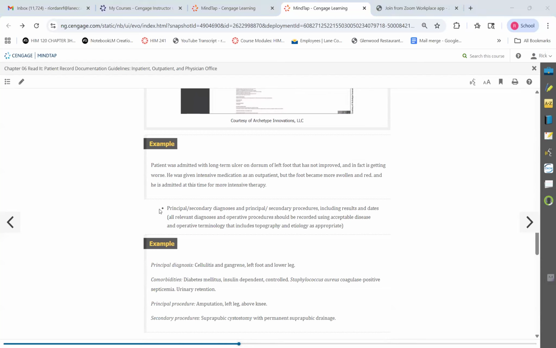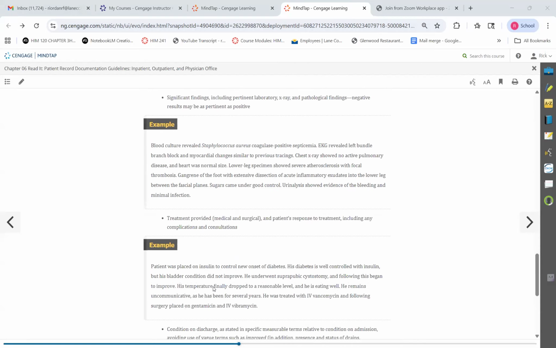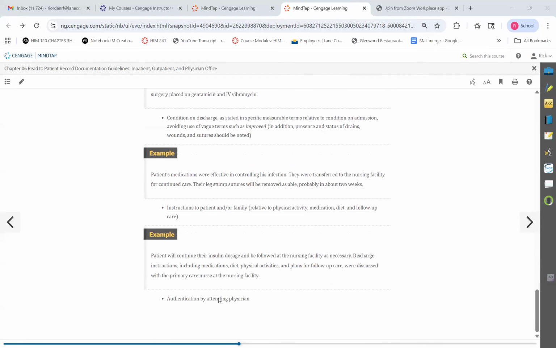the content, things like principal secondary diagnosis, principal secondary procedures, all these types of things are critical, right? And you'll see that throughout, but it gives you a very nice description of a discharge summary.